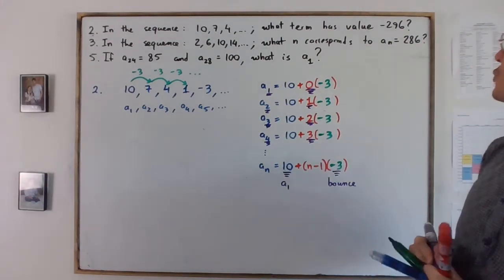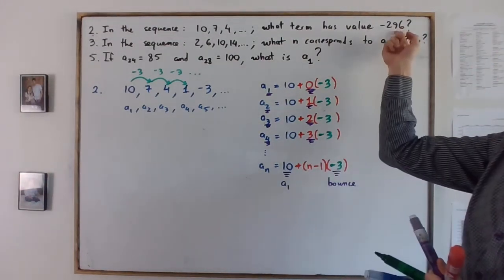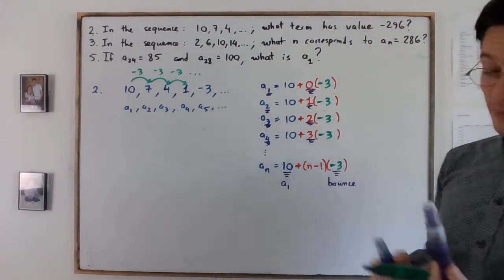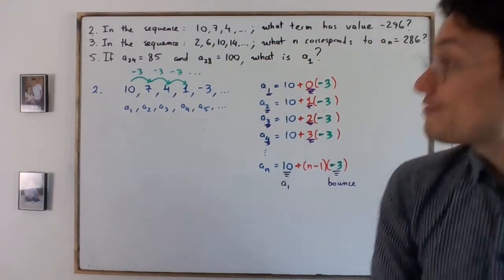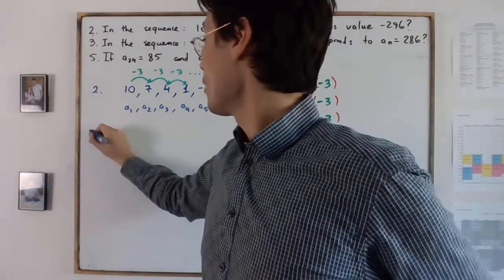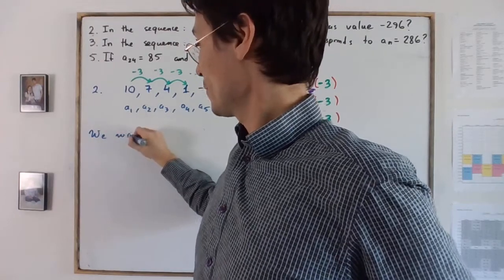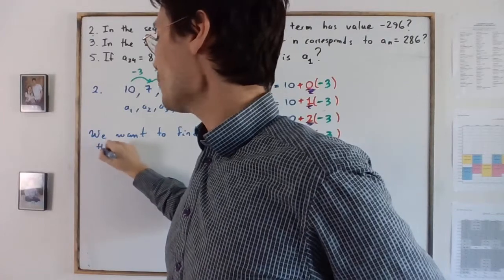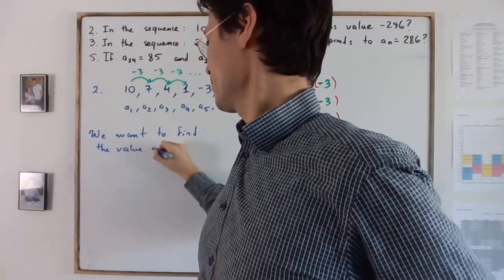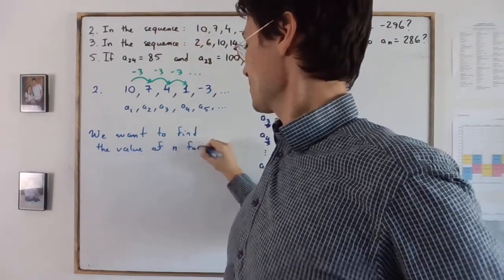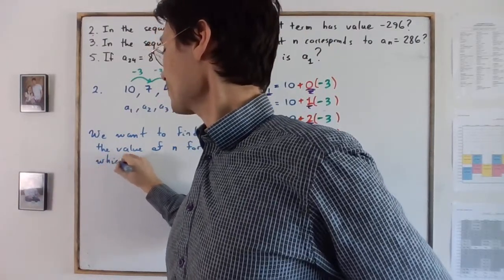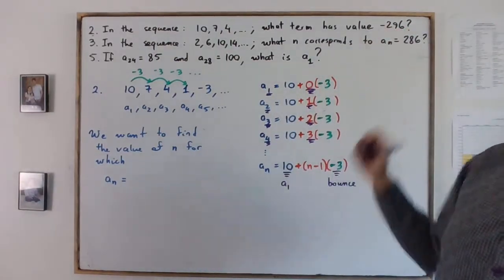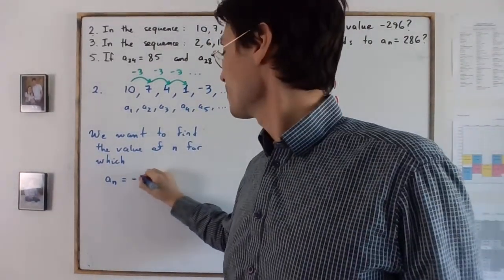And now what we want to do is use it to find which term has this value. The problem asks us to find the value of n for which An is equal to negative 296.